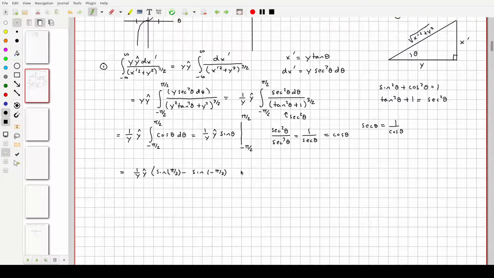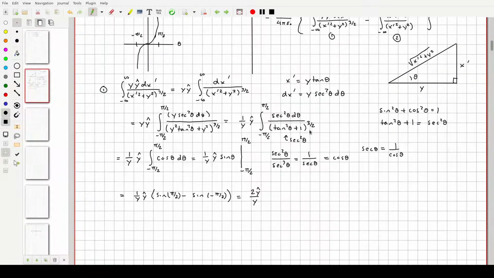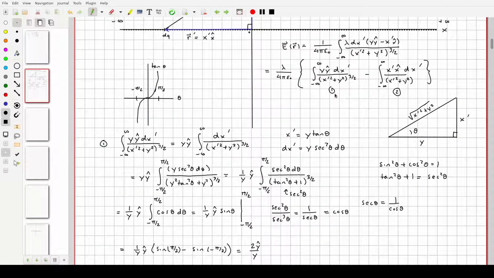Not just to be technically correct, but there. Now, remember, sine is an odd function, and the way odd functions work is that if you put a minus argument on the inside, you can pull the minus sign out. And when you do that, that makes this a plus. Likewise, sine of pi over 2 is 1, which means at the end of the day, this right here is just 2. So the end result of this integration is 2 y hat over y. So that takes care of integral number 1.